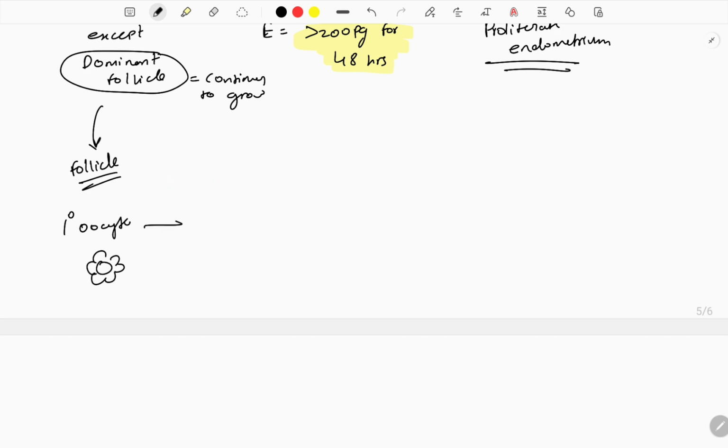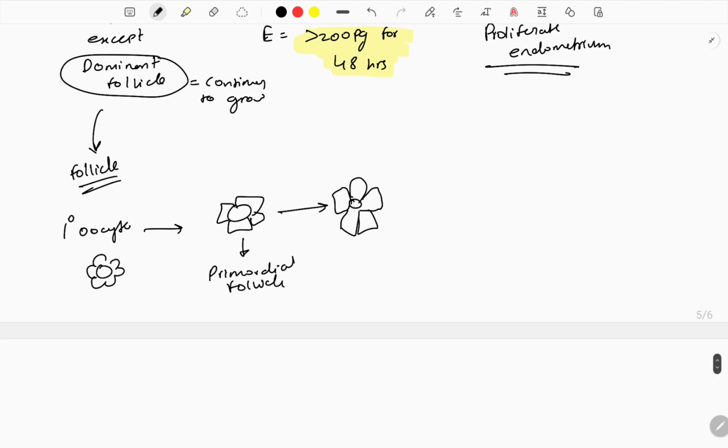Next is this single layer of flat cells, which is primordial follicle. Next, a single layer of cuboidal cells. These are granulosa cells, and this is primary follicle.